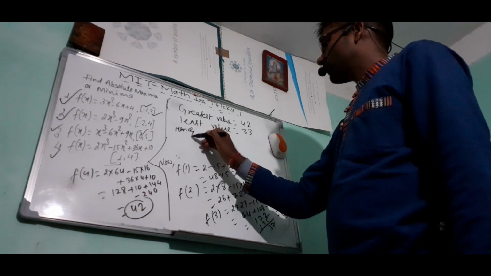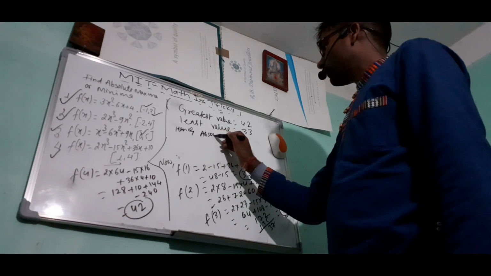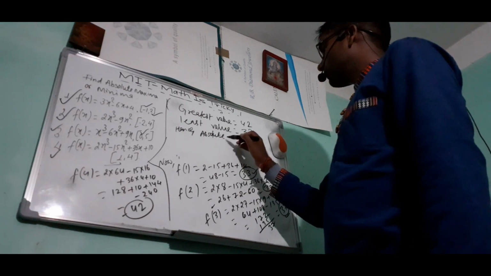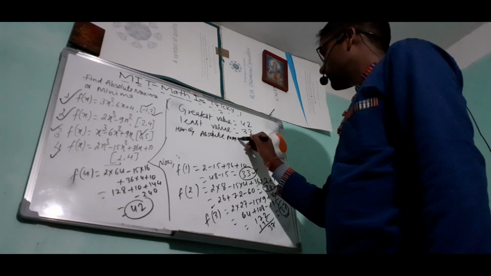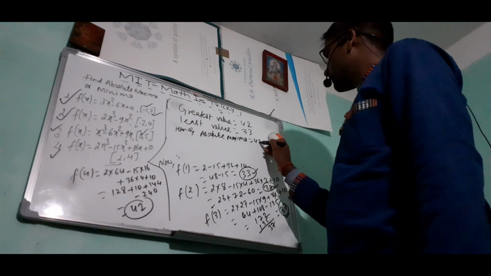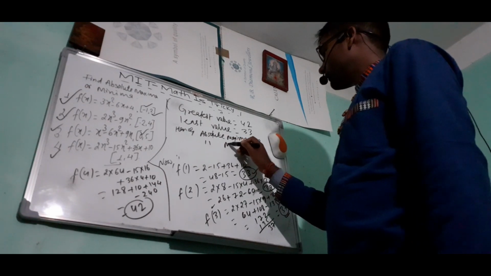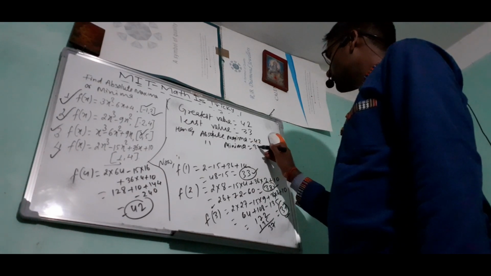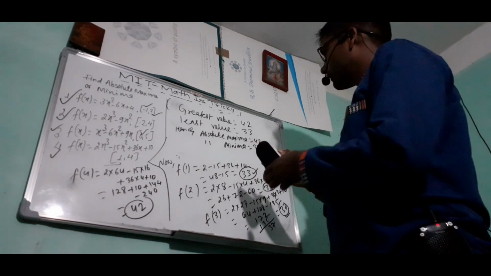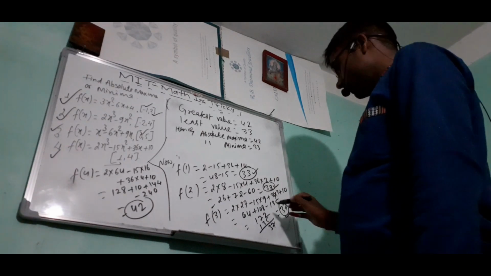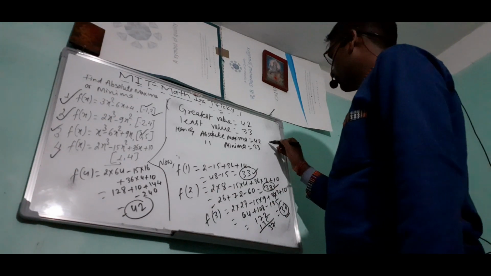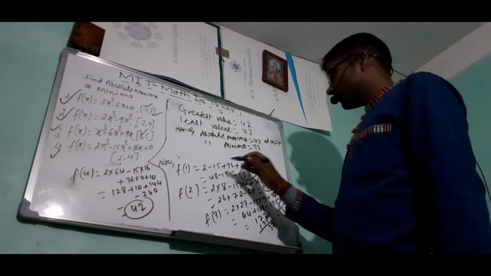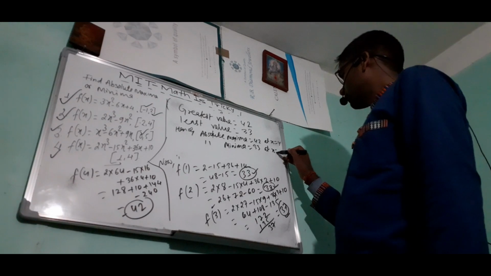Hence absolute maxima equals 42 at x equals 4, and absolute minima equals 33 at x equals 1.